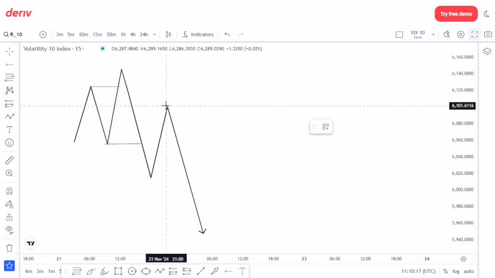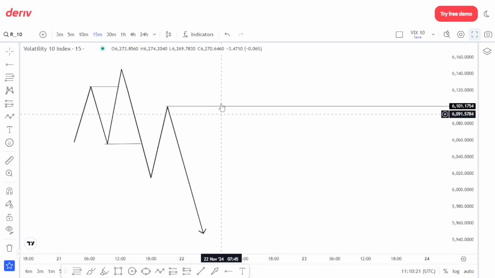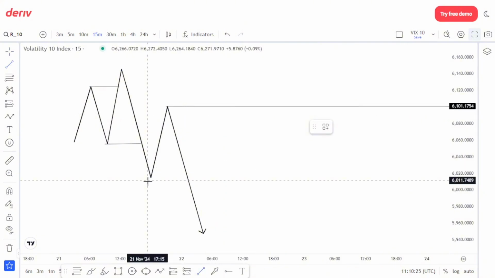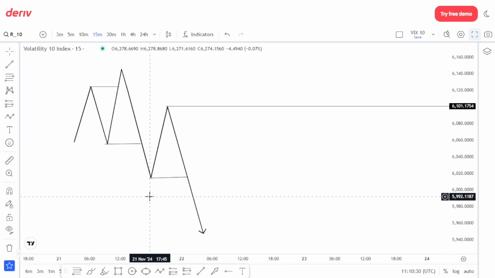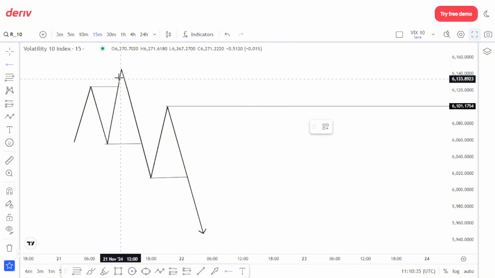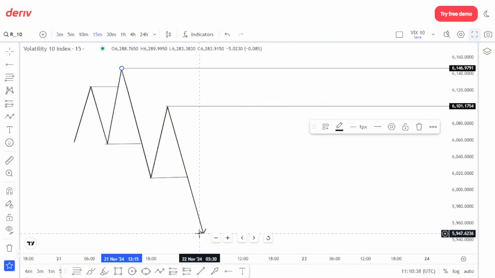This is to provide structural liquidity that the market will later take out for you to get your entries. So here we have our second break of structure. So here becomes our protected high, and this low becomes our protected low.